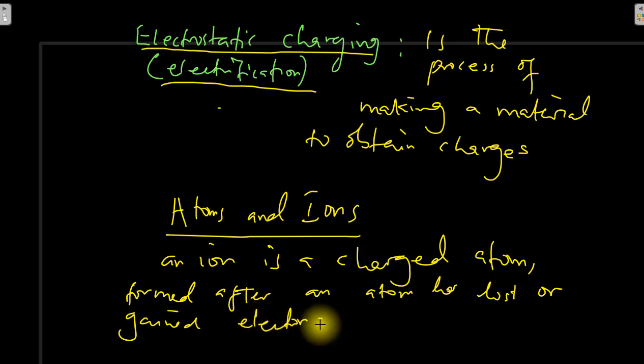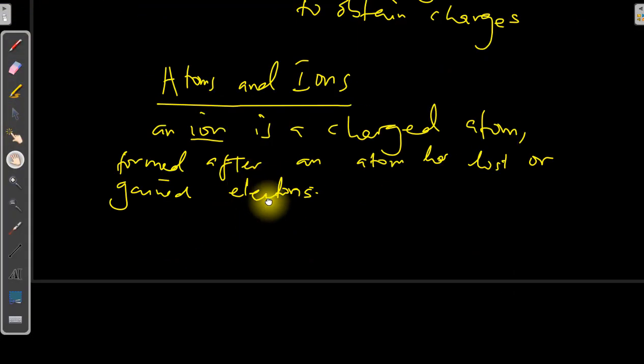So if an atom gains or loses electrons, then it becomes charged, and in that case we don't call it an atom, we call it an ion. We shall see under which case we call it a positive ion or a negative ion. Okay, let's move further.